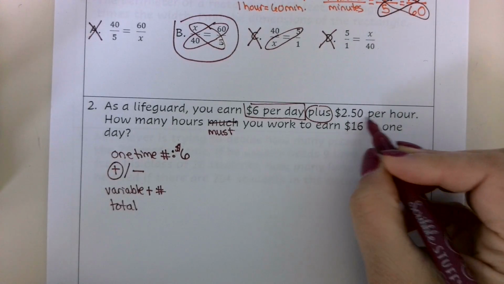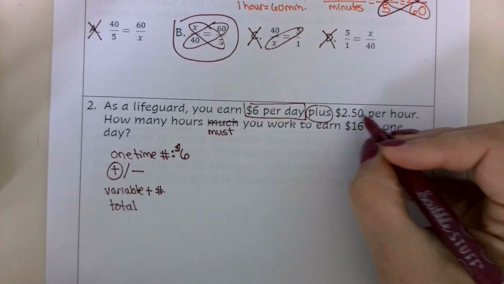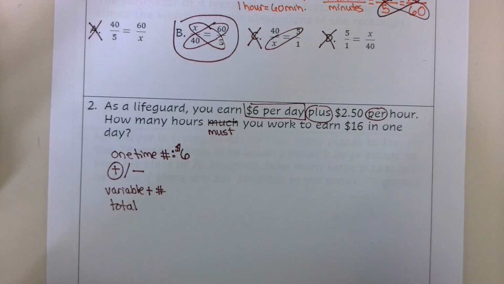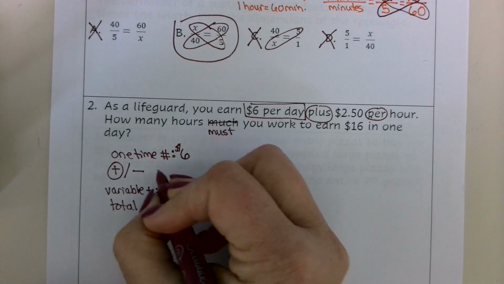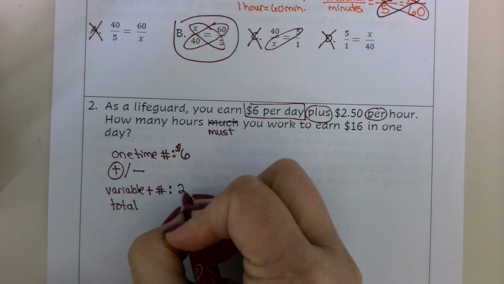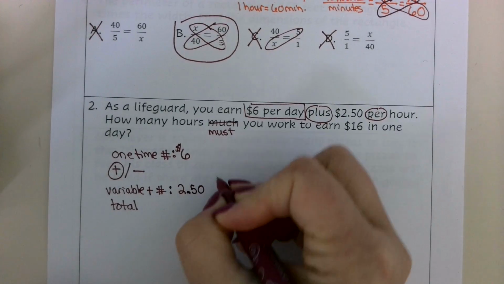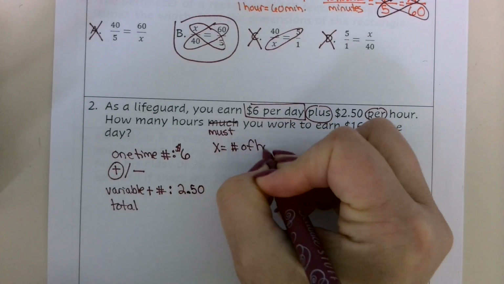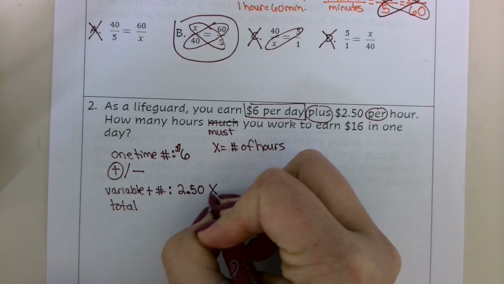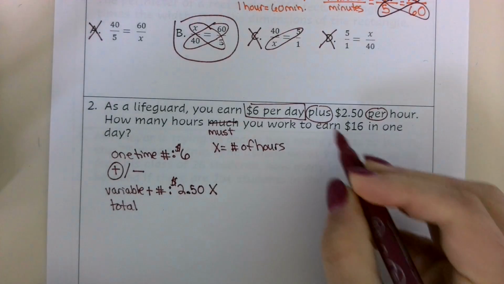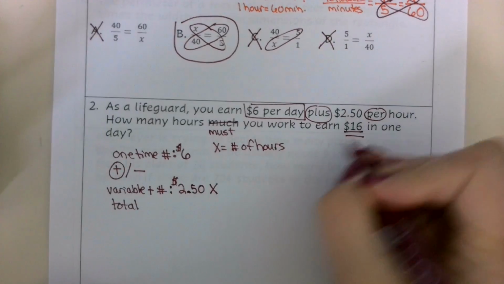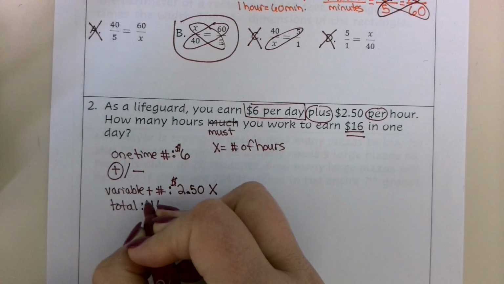I'm getting $2.50 per hour. So I'm getting this per is going to give me my number plus the variable. So I'm going to write $2.50 and X will equal the number of hours. So 2.50x. And my total that I want to earn, how much do I have to work to earn this total? So there's my 16.